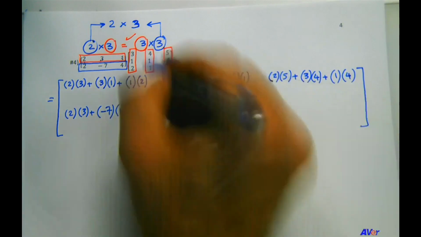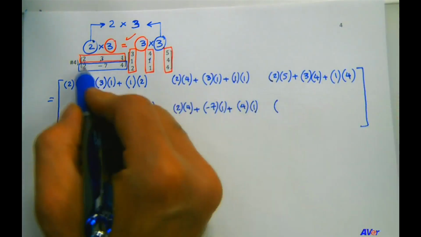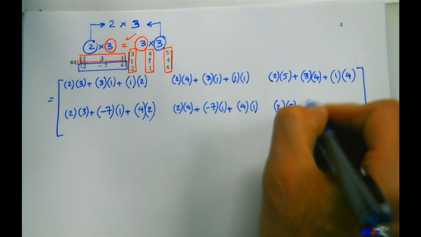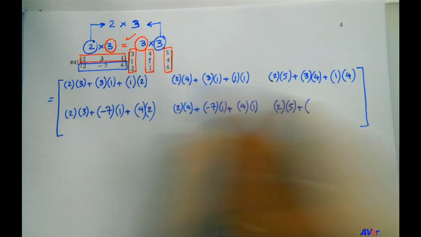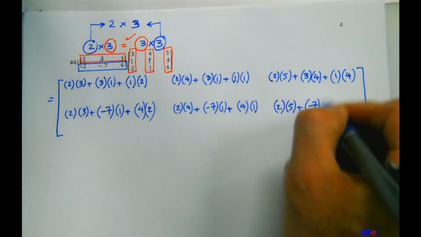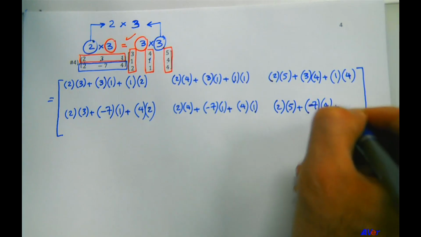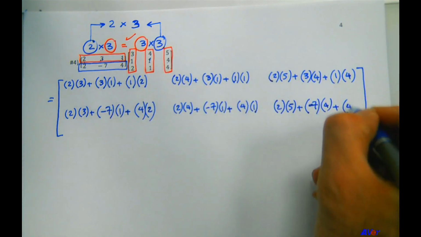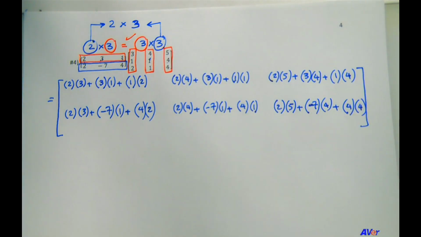Okay, we're done with this column. We move to the third column. 2 times 5 plus negative 7 times 4 plus 4 times 4. Okay, like that.